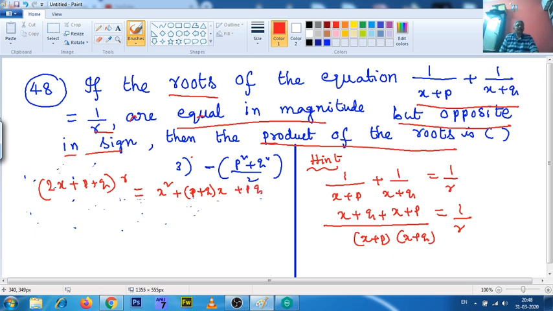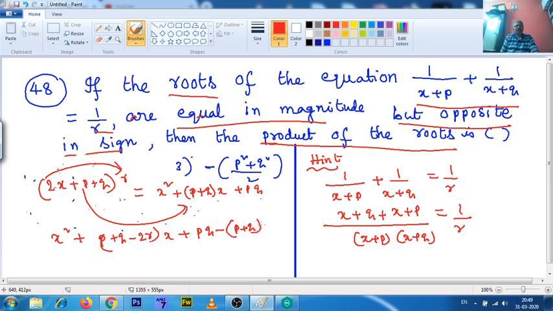So, bring this term to this side. We can write now x square plus, here the x coefficient is p plus q, and here the x coefficient will be 2 into r, but that becomes negative. So we can write (p plus q minus 2r) of x plus pq minus (p plus q) into r equals to 0.